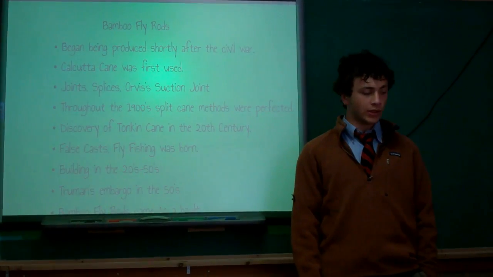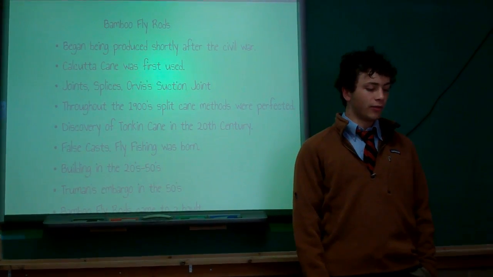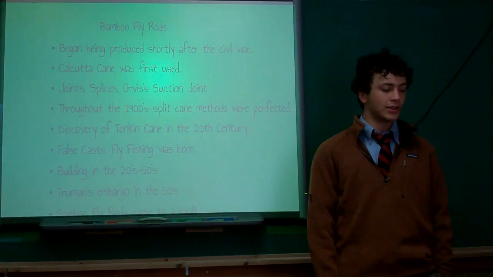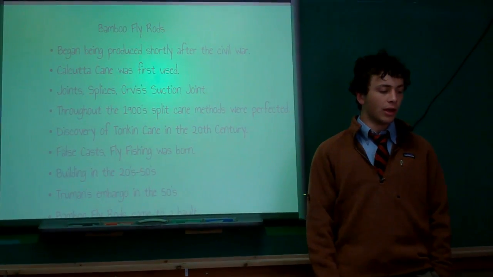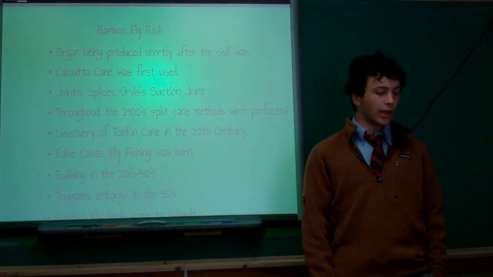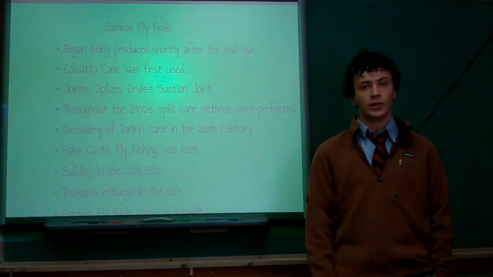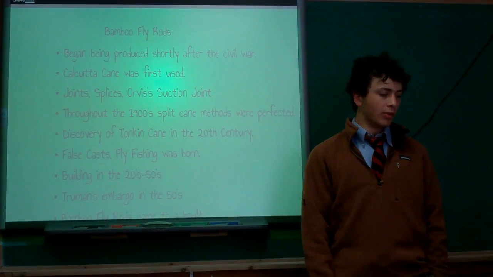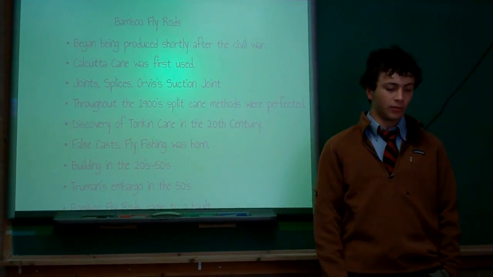And so they started using this, and from this, fly fishing really took off. They started false casting, which is where you could just cast the line in the air for a while. The building throughout the 20s and the 50s really took off. They perfected everything, and the methods used then are basically still used today.